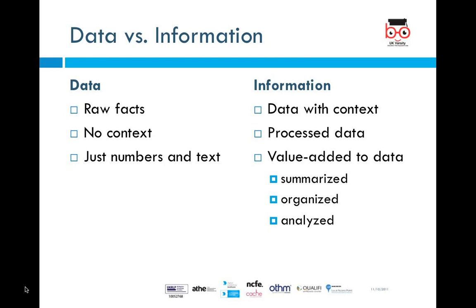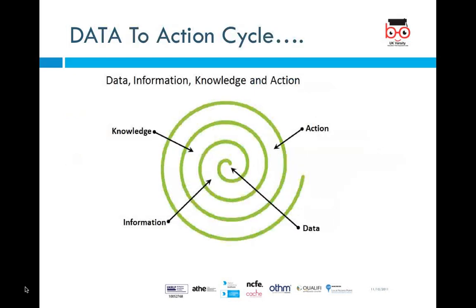When it is transformed, that's information with context. It has to be processed in some systematic way, and when it is processed it adds value by summarizing, organizing and analyzing the data. That's the basic difference between data and information in business.